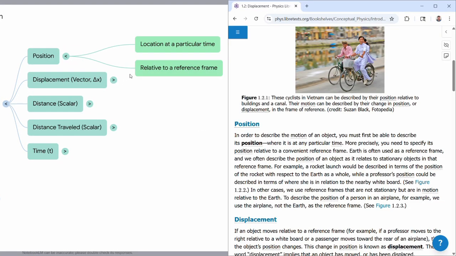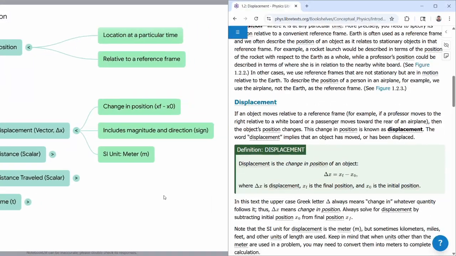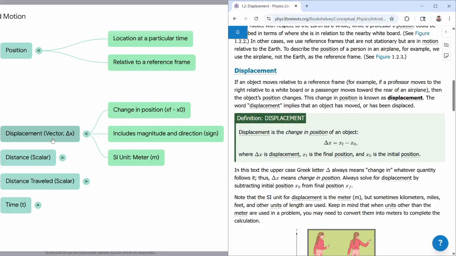And we introduce the word displacement, which might sound a little bit fancy, but displacement is change in position. One thing I want to highlight from the beginning: it's a vector quantity, by which we mean we care about its direction. And we'll often indicate the direction with a sign. I'll talk about that more in a little bit.